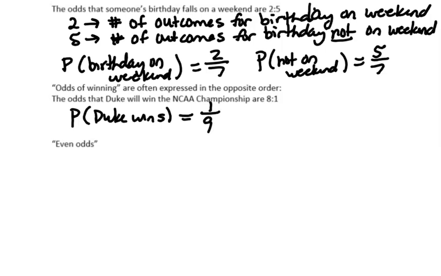Now another thing that you might hear sometime is there's even odds. There's even odds on that. Even odds means the odds are 1 to 1, or there's a 50-50 chance. In other words, the chances for and against something are even.